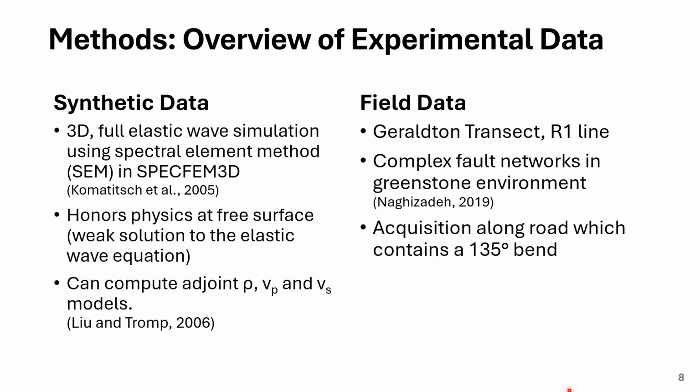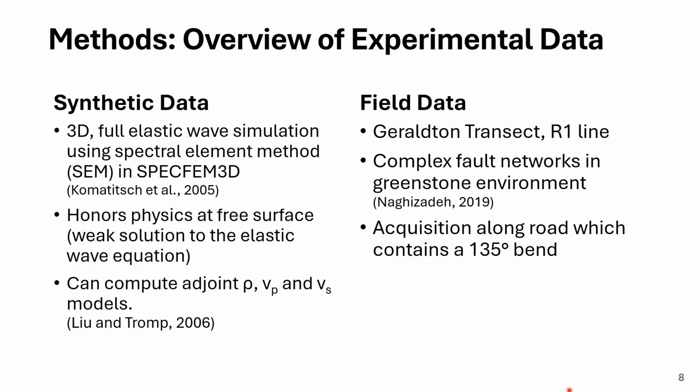Verifying first on synthetic data, I developed a 3D model in SpecFem 3D. This is a really good program for this sort of modeling because it uses what's called the weak form of the elastic wave equation, which perfectly honors surface waves at the surface, and also allows topography to be built into your model in a very realistic way.